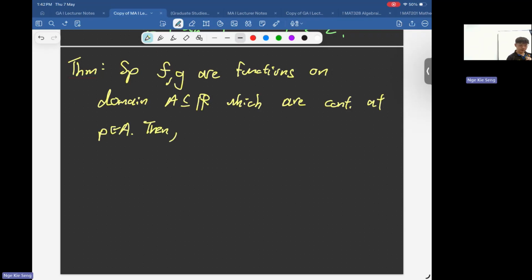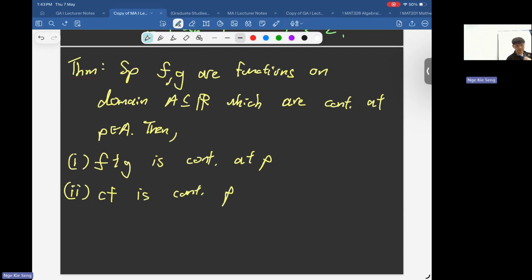Then we know that f plus g is also continuous at p. A scalar multiple of f is continuous at p for any scalar. And the product of them is also continuous.